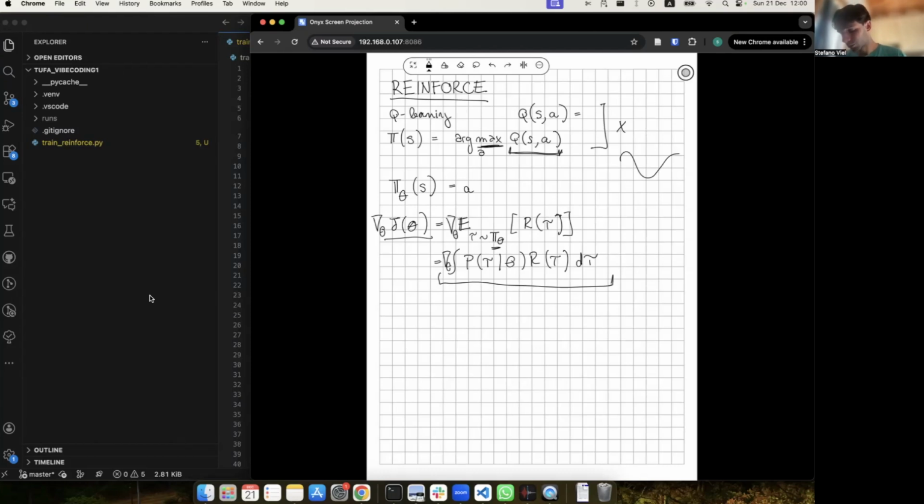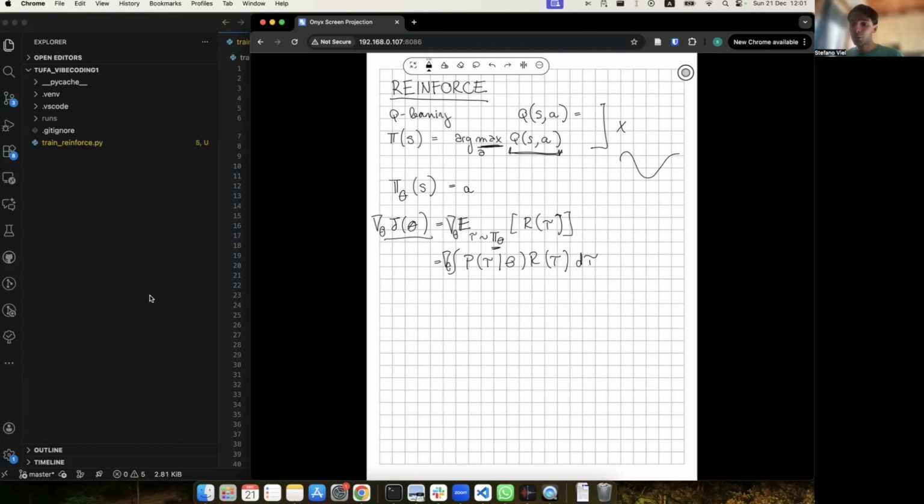And so in order to compute this integral exactly, we would have to know the probability of all of these trajectories and the reward of all of these trajectories. So given a certain policy, we would need to roll it out so many times in order to get these values. And this is not feasible.